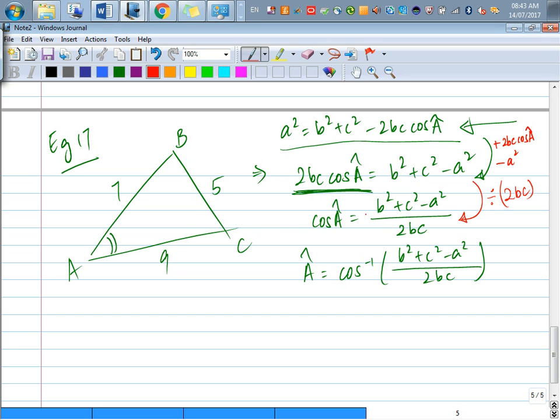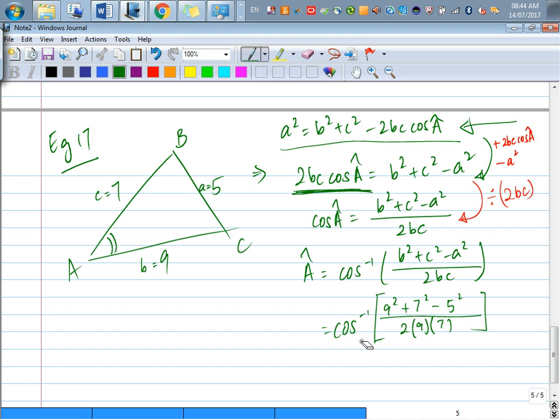Then since I have cosine A equals to something and I want to find the angle A, I need to take cosine inverse of whatever it is. Then now I'm ready to substitute in numbers. So this will give me cosine inverse of B squared. This is my little b, small c, and small a. B squared is 9 squared plus 7 squared minus 5 squared over 2 times b, which is 9, times c, which is 7.